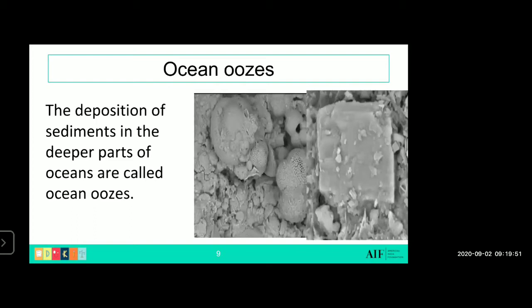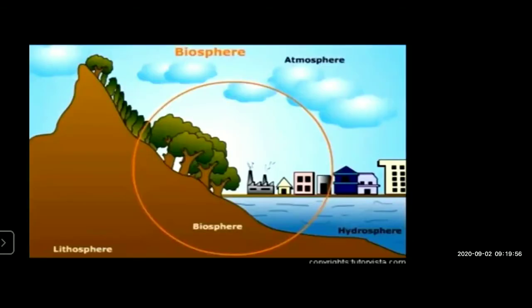Now let's move to the next part of the lesson, that is biosphere. You have learned about this biosphere in your earlier standard. I hope you remember it. Everything on the earth is placed into one of 4 subsystems called spheres. Specifically, the lithosphere, the biosphere. Lithosphere means the land.